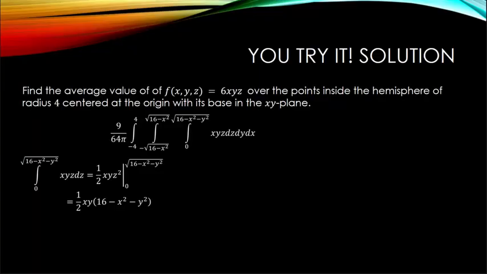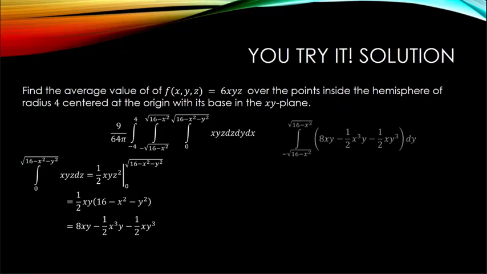I'm going to distribute 1/2 xy into the parentheses, and I get 8xy minus 1/2 x cubed y minus 1/2 xy cubed. This becomes the integrand in my middle integral. The integral from negative square root of 16 minus x squared to square root of 16 minus x squared of the quantity 8xy minus 1/2 x cubed y minus 1/2 xy cubed dy.